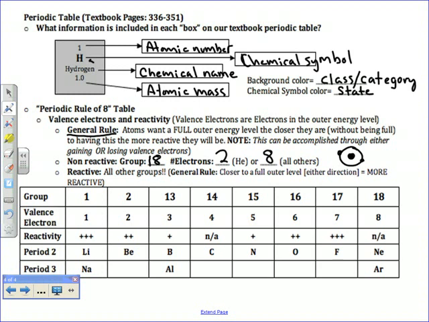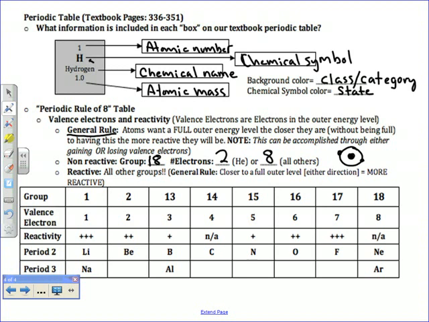helium atom. So all the other groups are reactive because of the fact that they either need to gain or lose electrons. So the closer to a full outer energy level in either direction, the more reactive that it will be. And in this case, we're going to take a look at group 1, which is on the far left.